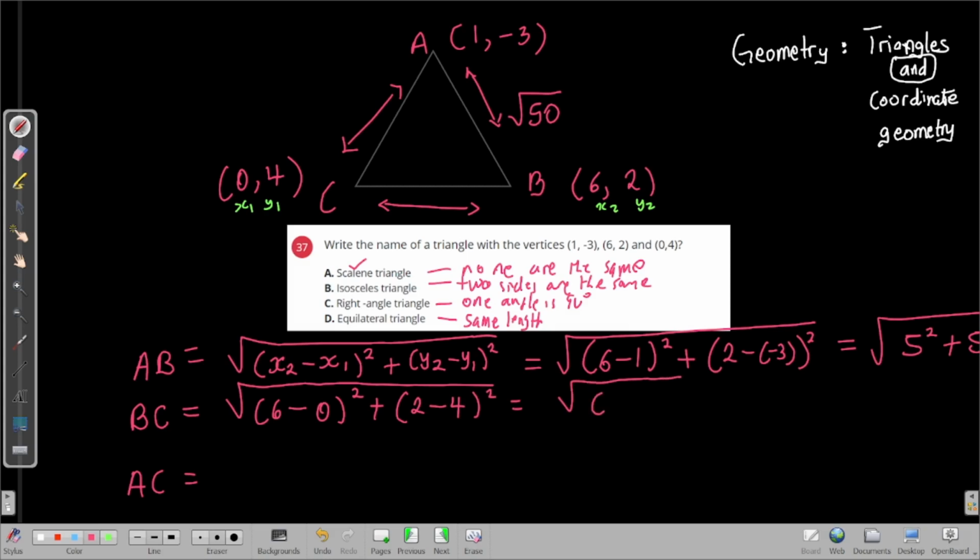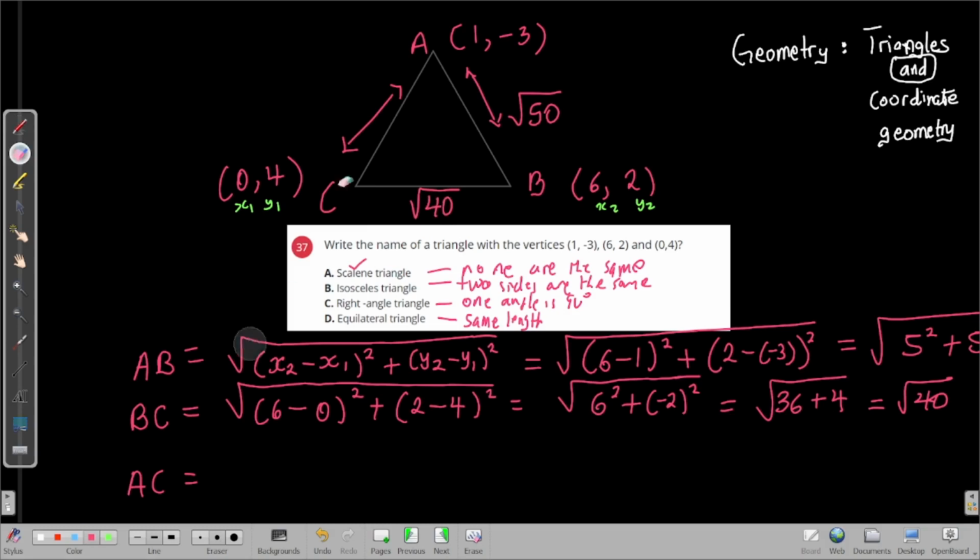This will give us 6 squared plus minus 2 squared. This will give us 6 squared is 36 plus minus 2 squared, that's 4. And that's square root of 40. So it means that BC is square root of 40. That's how long it is.